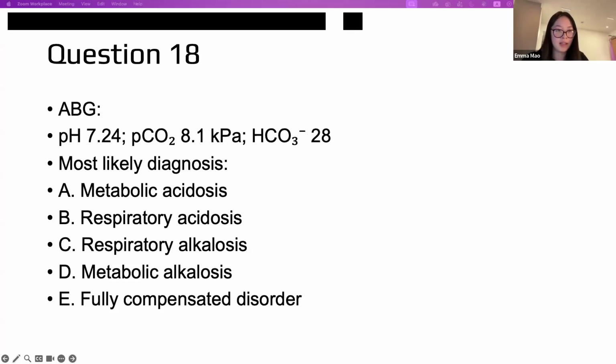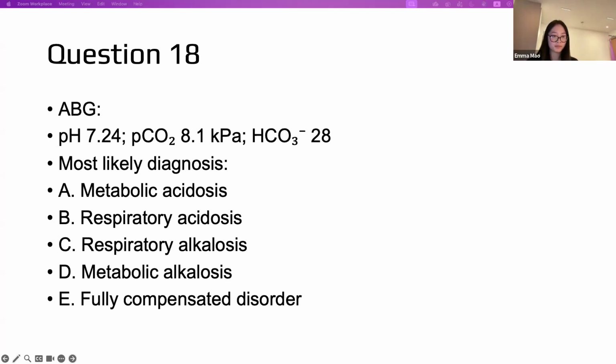I think you're getting it. So pH is low, so it's an acidosis. And then looking at the CO2 and the bicarbonate, we have CO2 being high, showing that because it's opposite it's likely a respiratory cause.